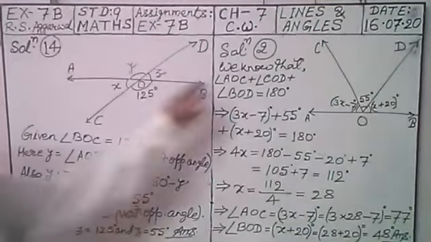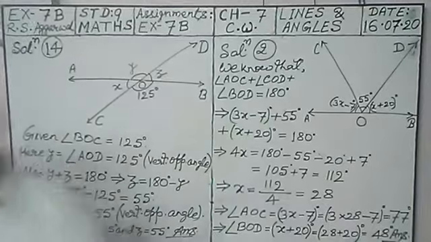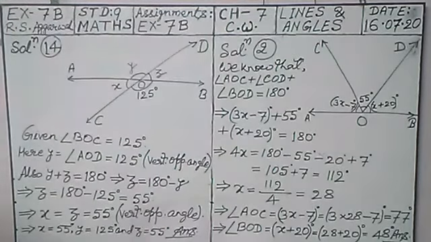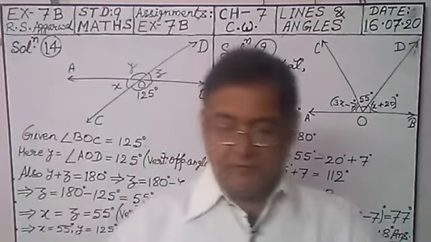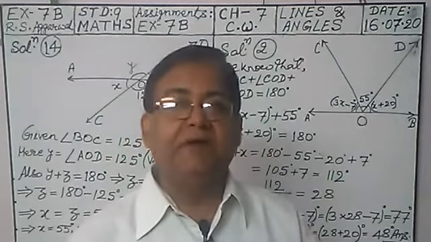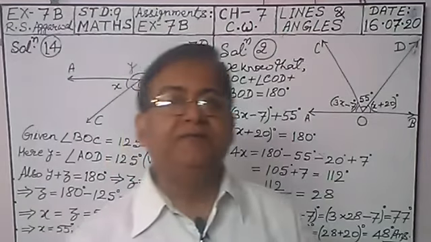Now coming to the next sum. See the sum number 2. In the adjoining figure, AOB is a straight line.